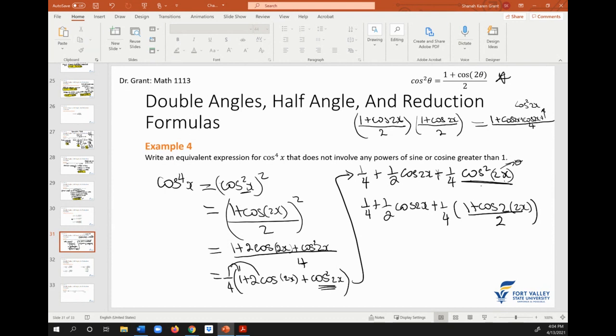So I can pull this 2 out. This becomes 1/4 plus 1/2 cosine 2x. So 1/2 plus 1/4 is going to give me 1/8, and this 1/2 is coming from my denominator of 2. This becomes plus cosine 4x, because 2 times 2 is 4.